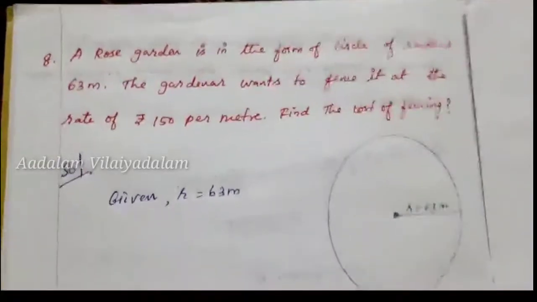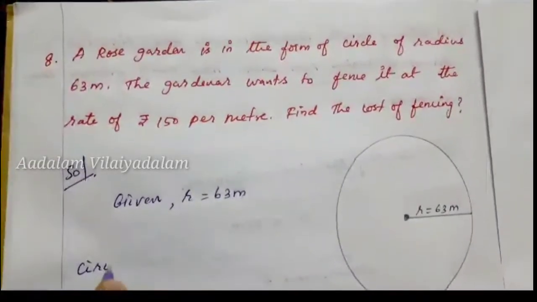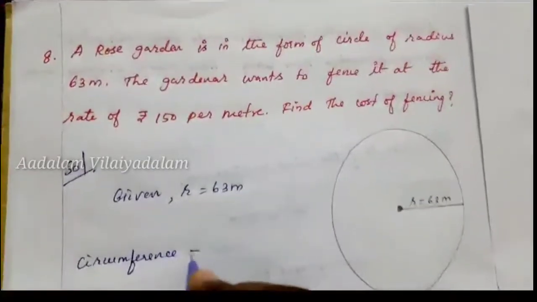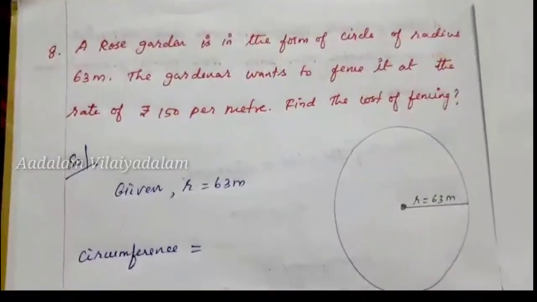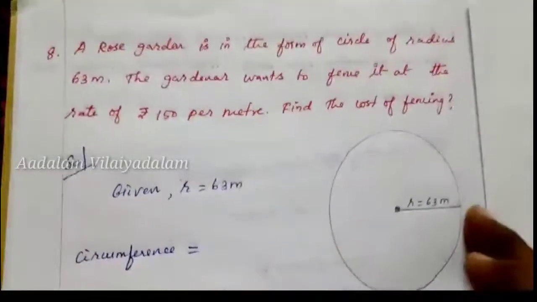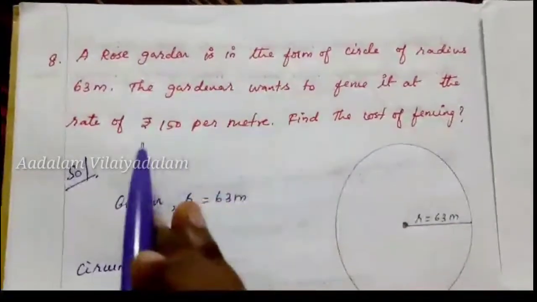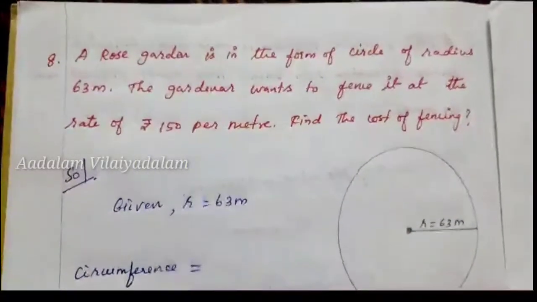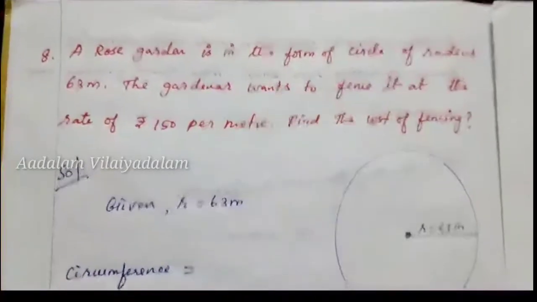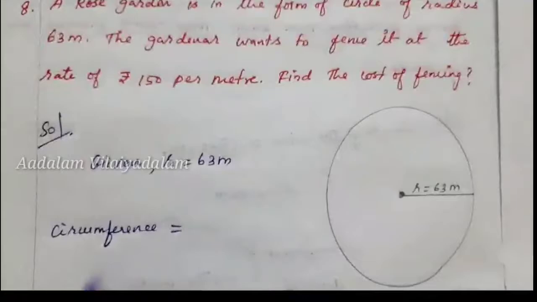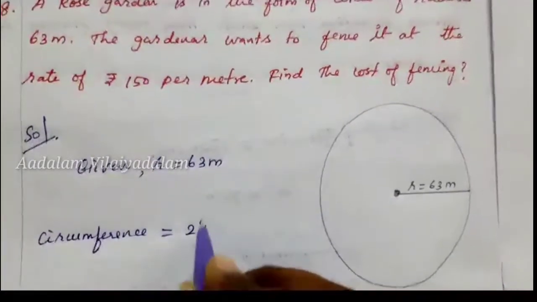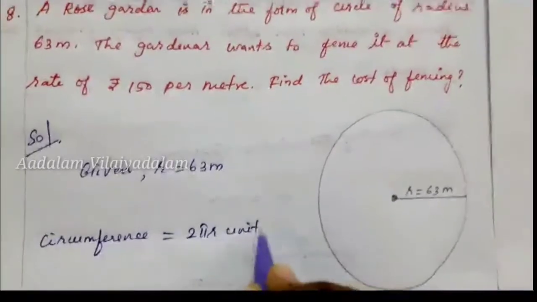So therefore we need to find the circumference, and then the value of the circumference we can multiply with the rate of rupees 150, which is meant for per meter. So before that, let's find the circumference. When radius is given, we will use the 2 pi r units formula.